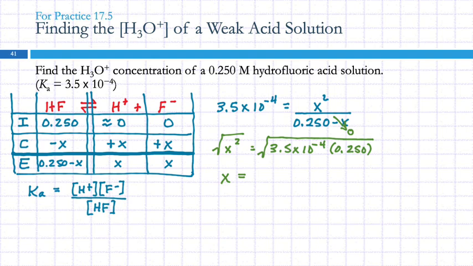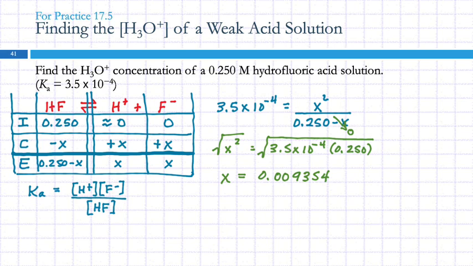So let me do that. And I get 0.009354. And I'm just writing down 4 sig figs because I'm pretty sure that's more than I need.